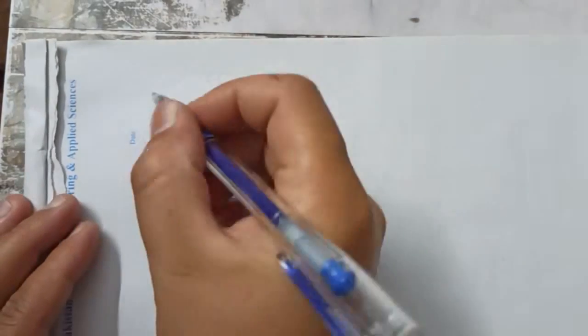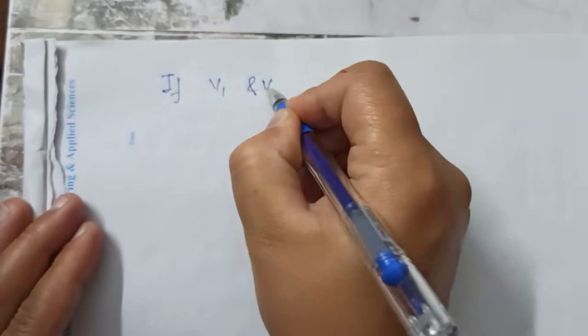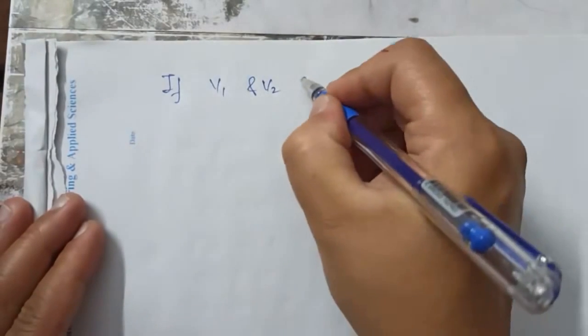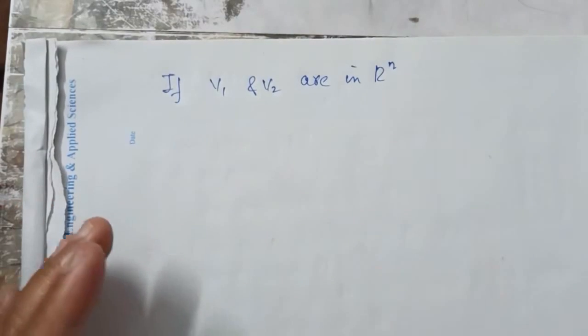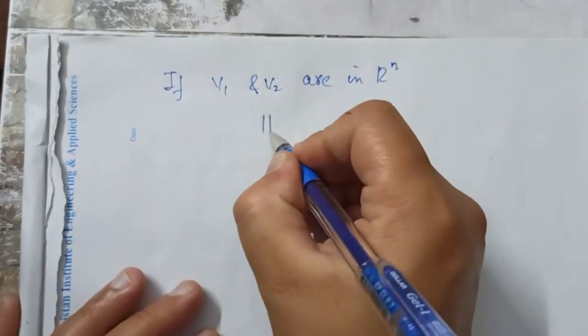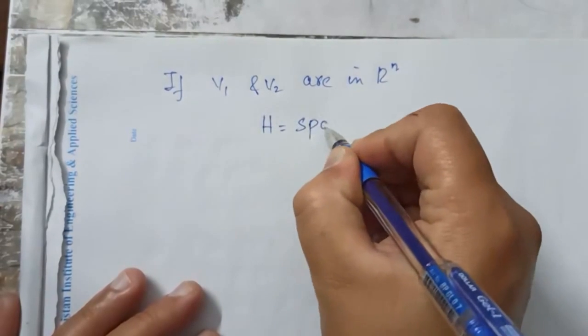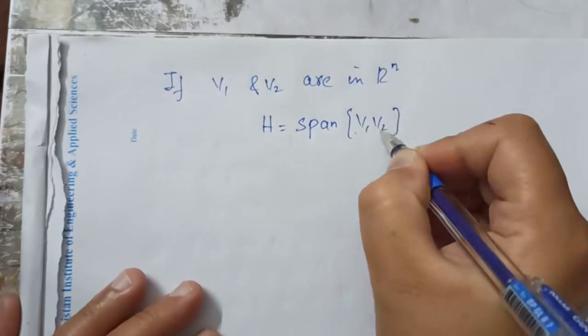Say, if v1 and v2 are vectors in R^n, in the space R^n, and H is the span of v1 and v2.